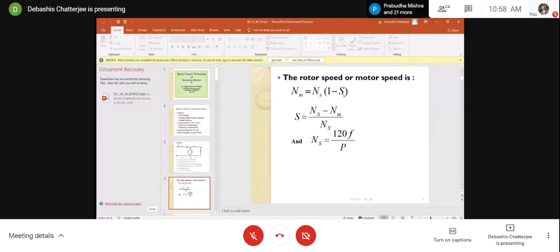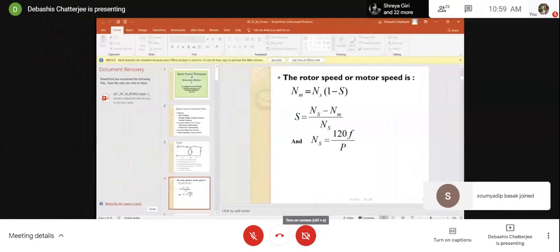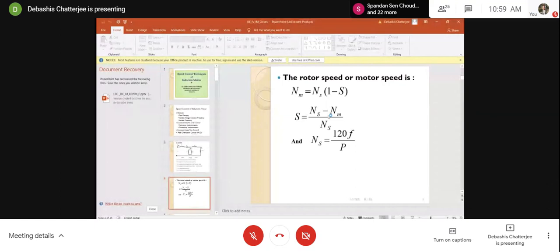When you go for crude control, that means you don't bother about the difference between reference and actual values by, say, 1%, 2%, 3%, or 4%, so you should not bother about the slip. But actually slip represents the load. Therefore, to have precise control, you should account for the slip also.